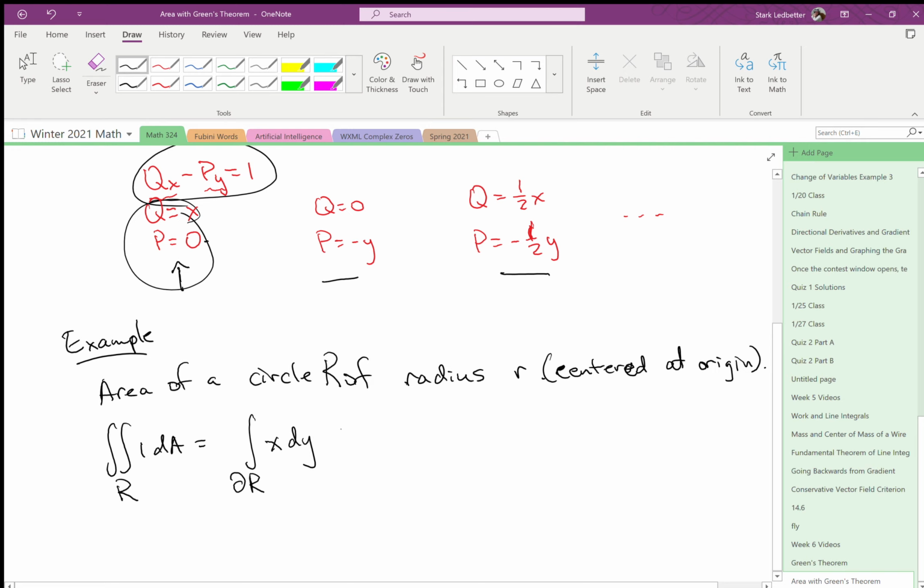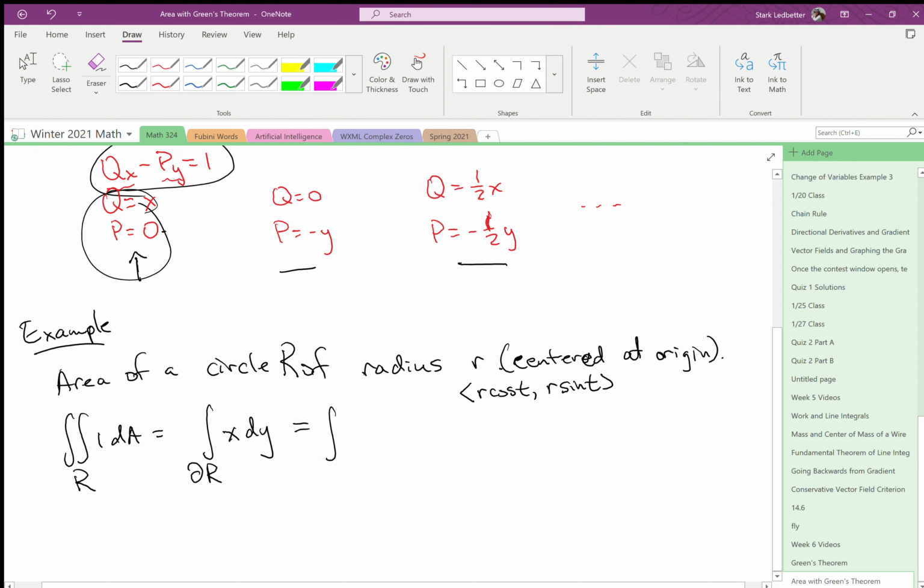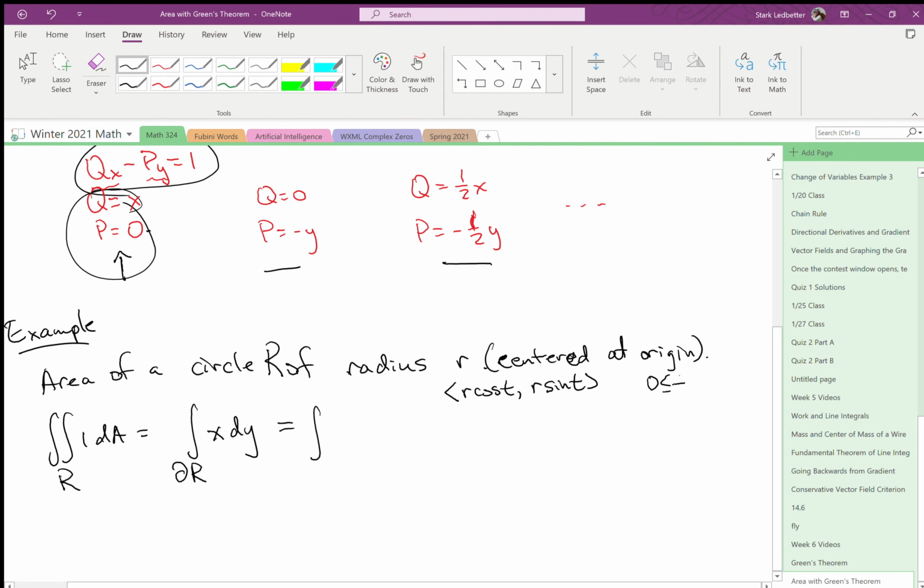That means I'm integrating over the circle of radius r, so that's r cosine t comma r sine t. That means x is r cosine t, and t goes from 0 to 2 pi, I get a positive orientation, going that way, so that's good.